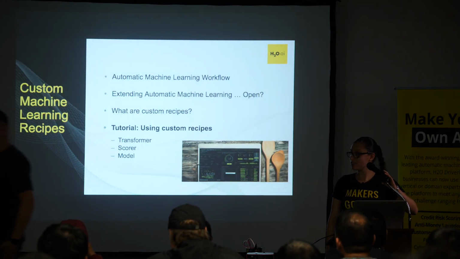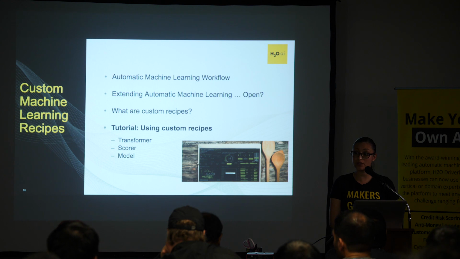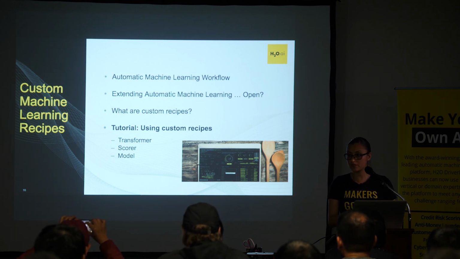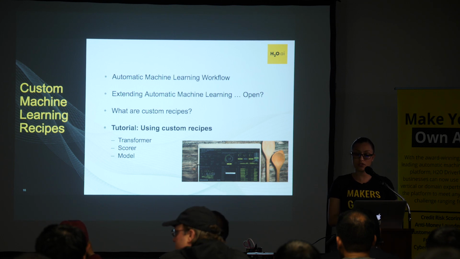Awesome. So thank you, Rafael. Now we understand a bit more about what H2O Driverless AI is and what recipes are and how they fit into the overall workflow. So right now, we're going to try to figure out how to use custom recipes. We're going to import a transformer, a custom score, and a custom model.